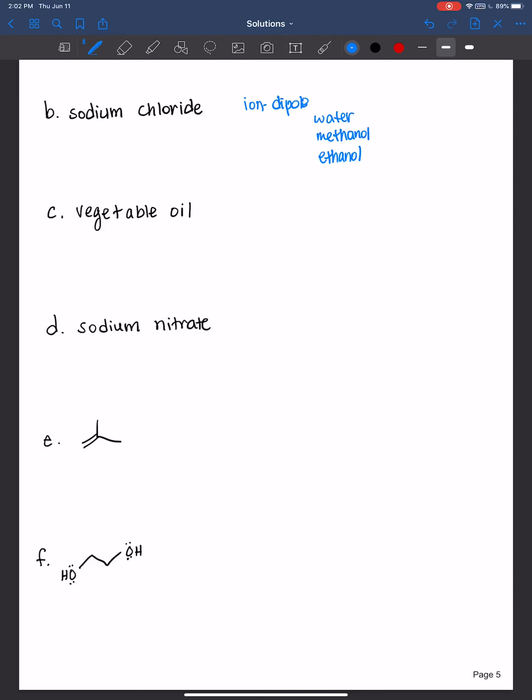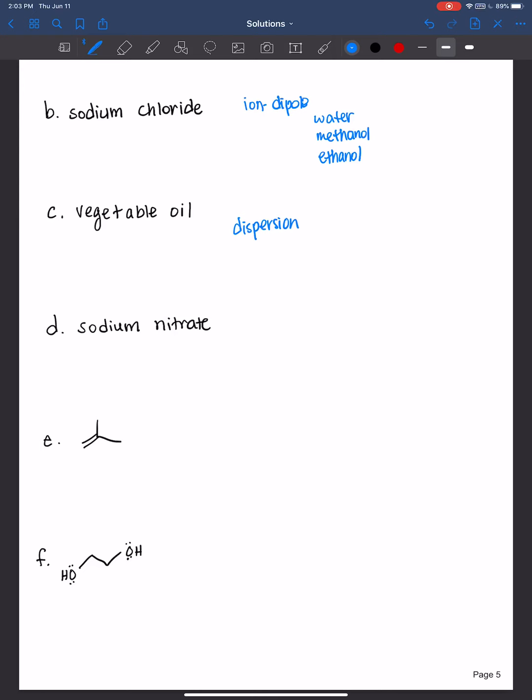What's the most dominant intermolecular force in vegetable oil, or just the major one? Typically, it's actually dispersion, because vegetable oil has a lot of those long hydrocarbon tails. I know it has some ester groups in it, maybe even some carboxylic acid groups in it, the little polar head groups, if you've learned that in biology classes.